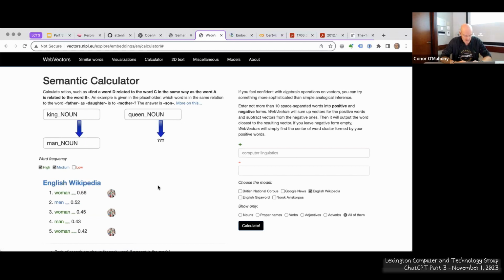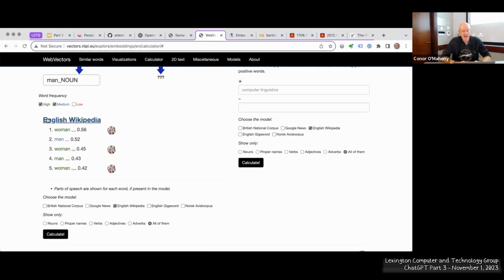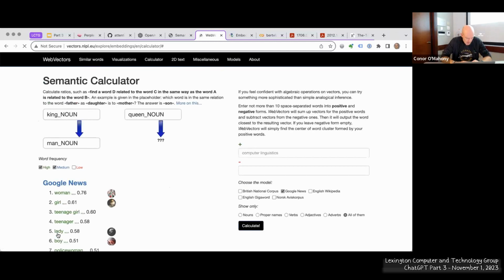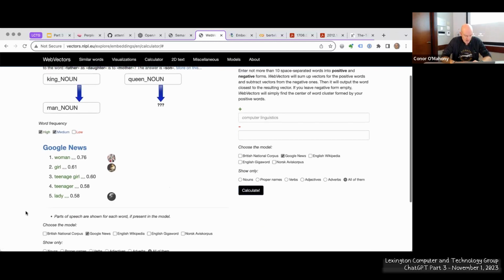And that's using a training set from English Wikipedia. I could change it to another training set and see. So woman didn't come far ahead of men there. But woman was represented twice in that last set.